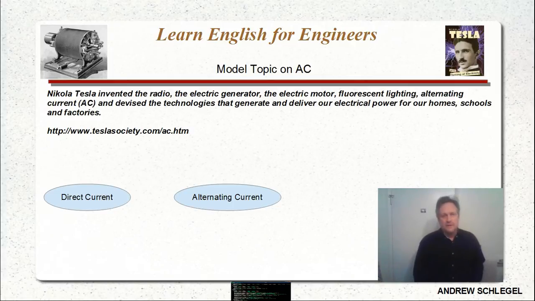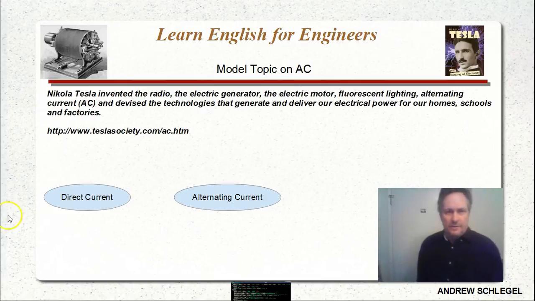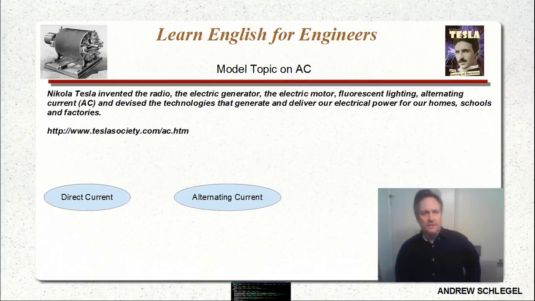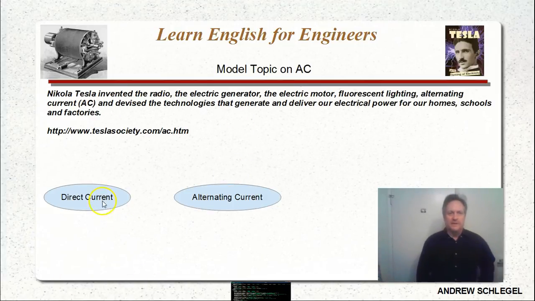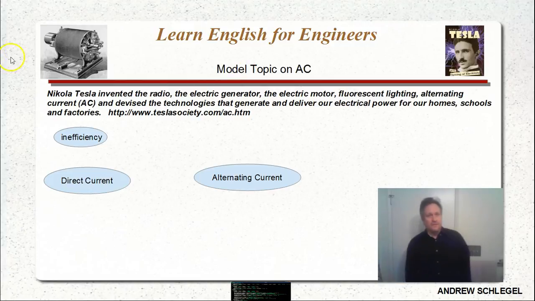So when we look at that article, what's the article really about? It's about direct current and alternating current. Let's just write those down here in these little bubbles. Can anybody tell me something that Tesla said in that article about direct current? Some kind of information about how it's negative? Very good, inefficient. So we just write inefficient right here.